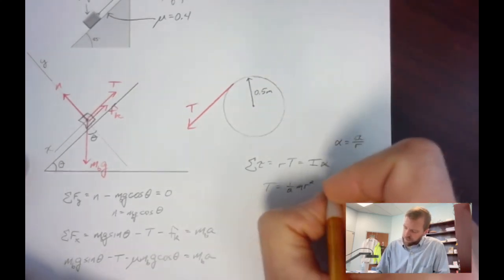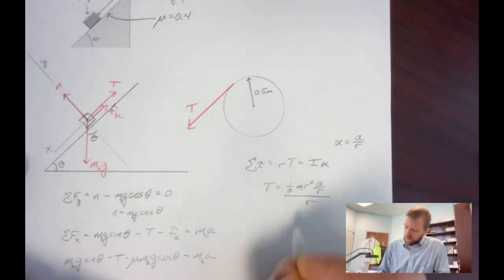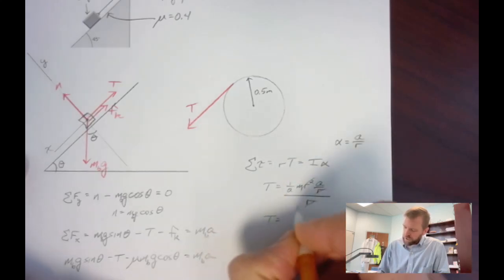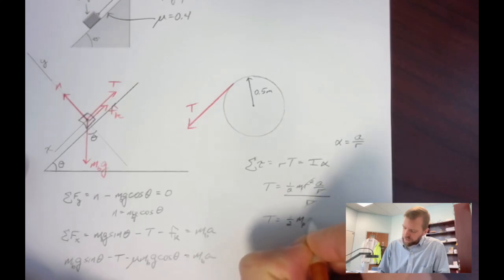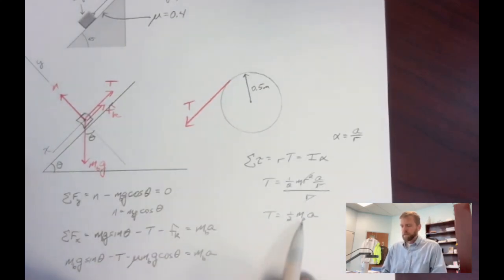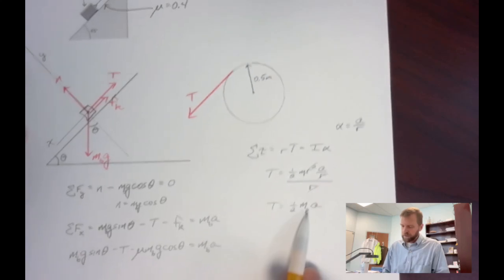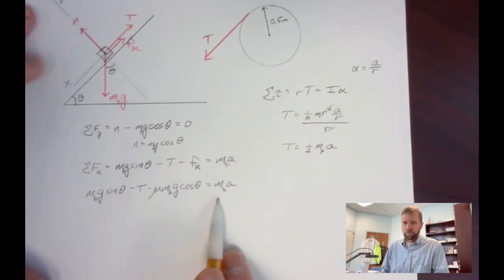So I can put that in. I divided R over, so all of my R's cancel. And I'm left with the tension equals 1/2 m subscript P times a. I put a subscript P here because this is the mass of the pulley.